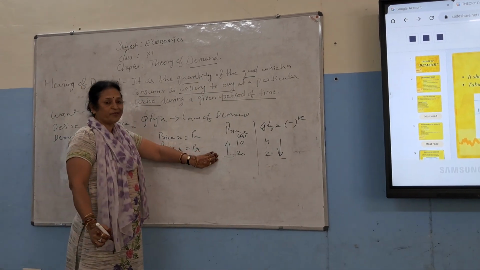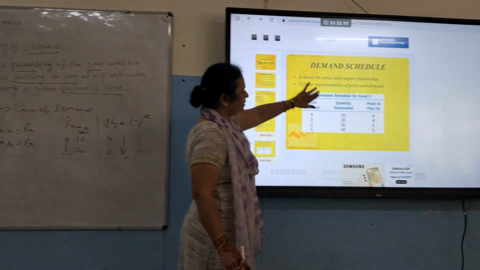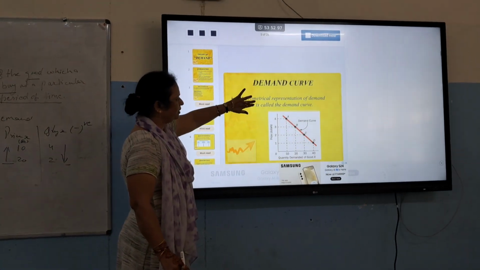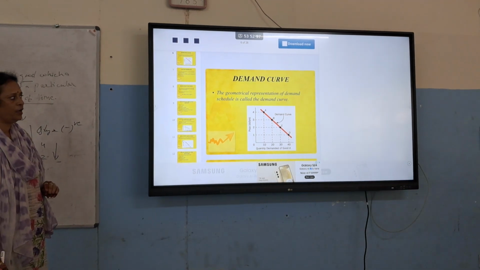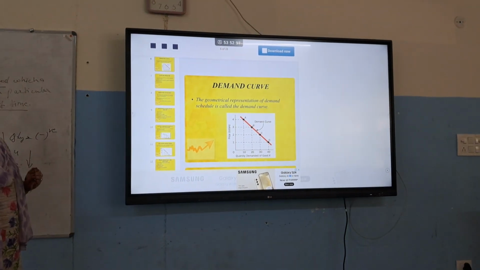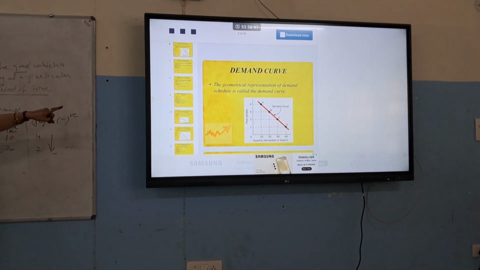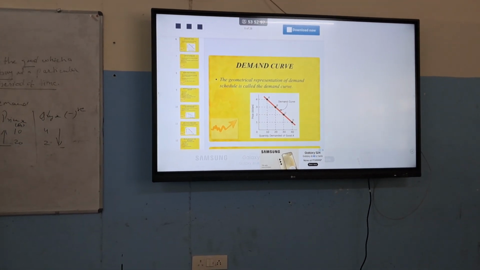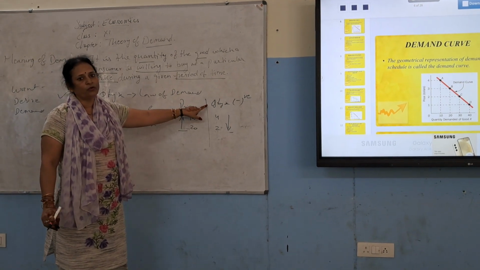And when we will represent this on graph, you can find that this way graph you will get. See, and this is known as demand curve. So, the graphical presentation of demand schedule is known as demand curve. And demand schedule means the tabular presentation of price and quantity demand.